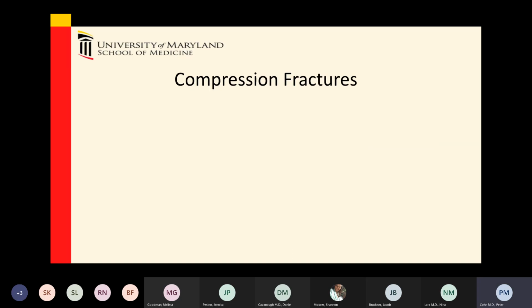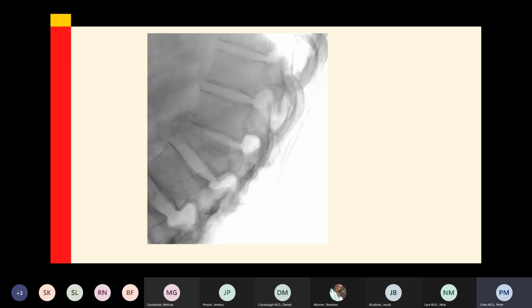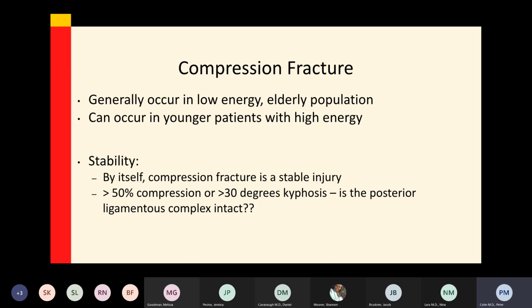The next type of fracture we'll talk about are compression fractures. These are really anterior column injuries, often due to a flexion and compression moment. And they generally occur in elderly populations with low energy mechanisms.